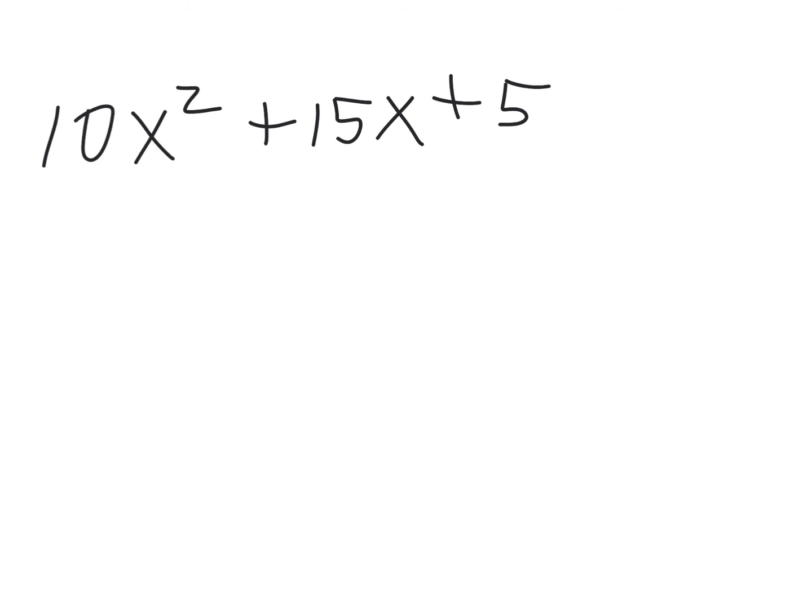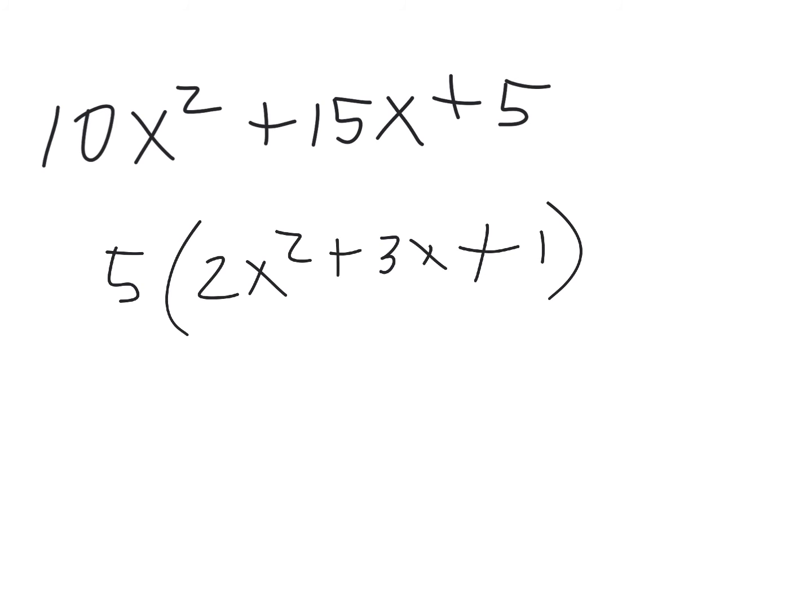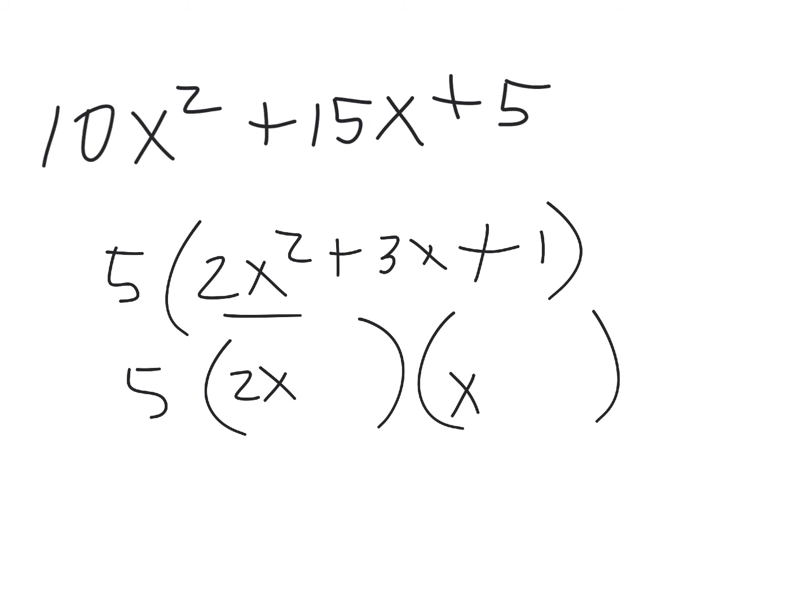All right, so you need to factor out a 5 here. And then you have 2x squared plus 3x plus 1. Then you have to know to factor it again. A reminder of the process. These two have to make the first one. 2x times x makes 2x squared. Then you look for plus and minus or plus plus, depending on the problem.